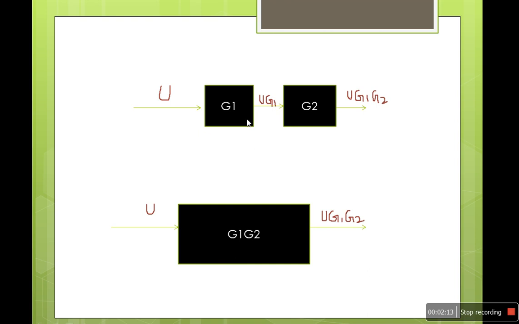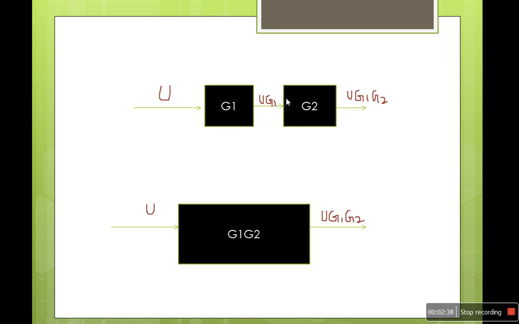Whenever two blocks are connected in series or in cascade, they are replaced with a single block, but this block value is the multiplication of the individual block gains. In these two cases you get the same output.